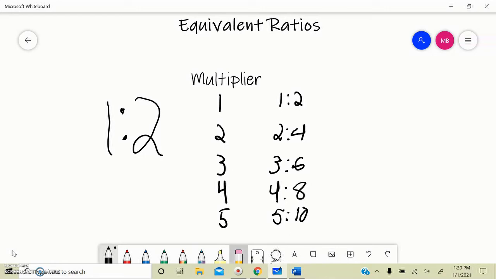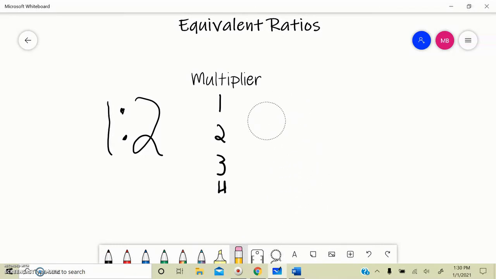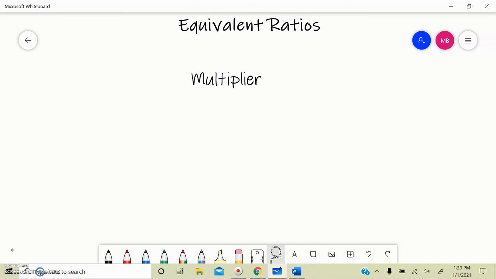But let's say you're given an example that is not a base ratio, such as 2 to 6.